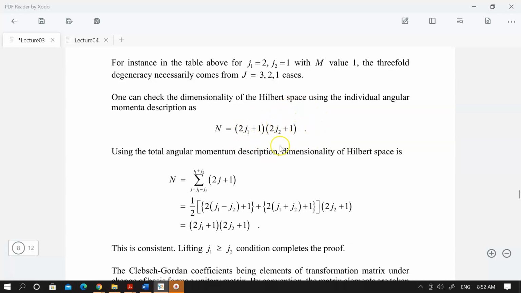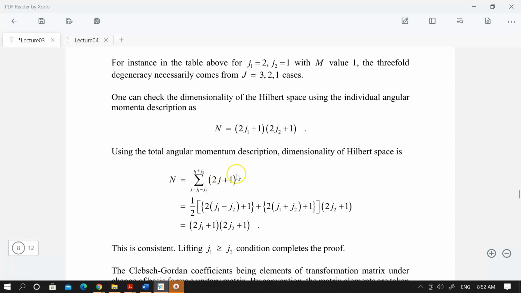We have already mentioned this earlier, but you can also see, from the way we have done the above proof, that this can be done by looking at the degeneracy for each J state.